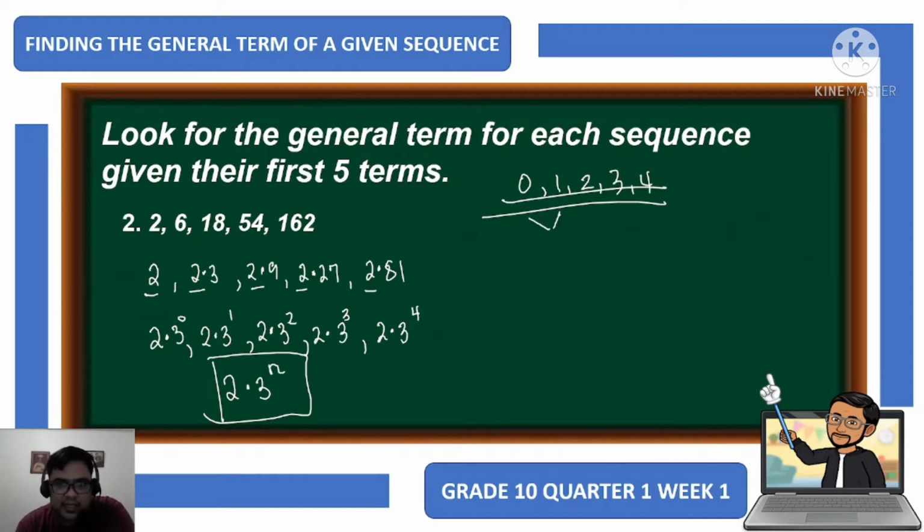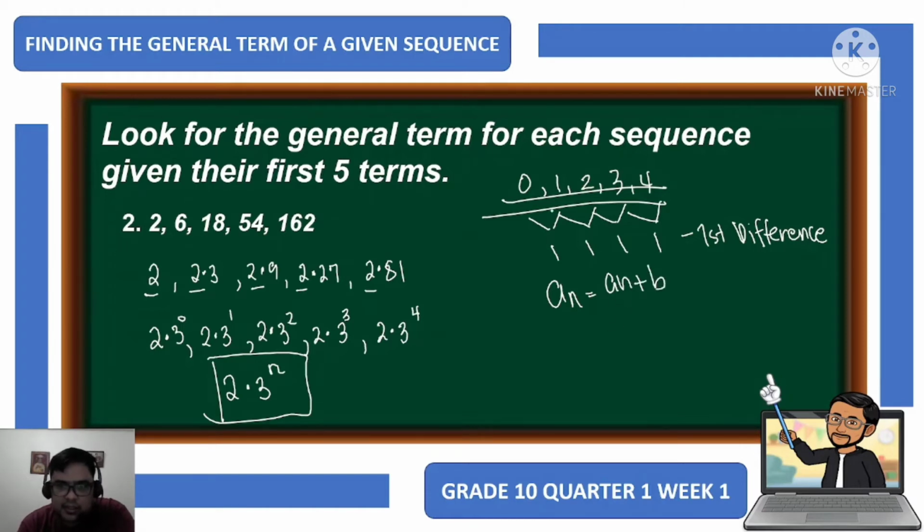So, again, find the first differences. So, 1 minus 0, 1. 2 minus 1, 1. 3 minus 2, 1. 4 minus 3, 1. So, therefore, sa first differences pa lang, okay, pare-pareho na. So, therefore, we will use the general term a sub n is equal to an plus b.